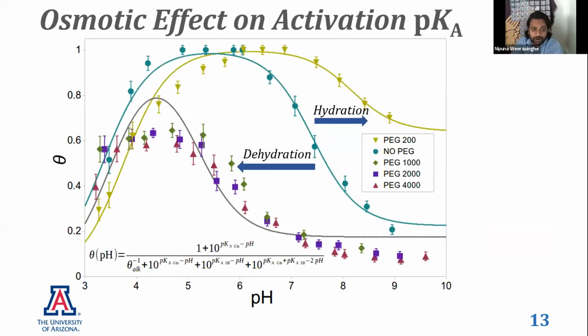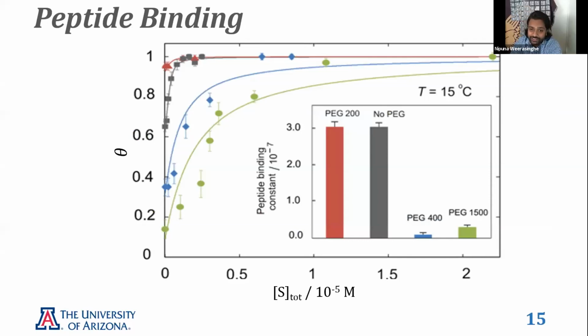Then we try to figure out whether hydration and dehydration have a role in G protein binding, which is required for activation of G protein and the subsequent activation of the effector proteins. To do that, we use the transducin alpha C terminal analog rather than the wild type G protein. And then we generate the binding isotherms with different PEG concentrations and different types of PEG molecules.